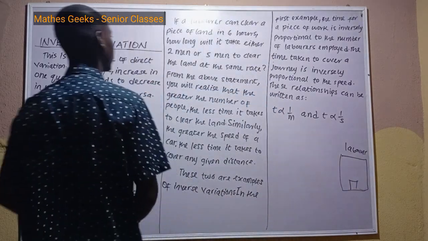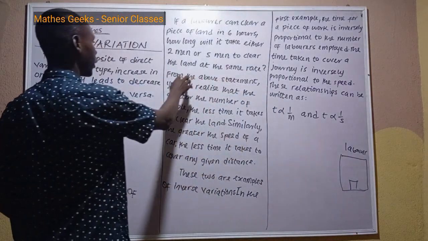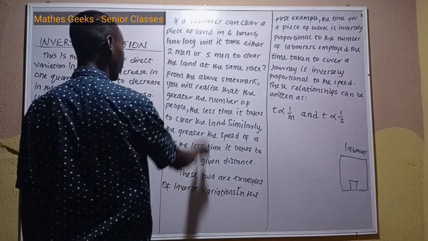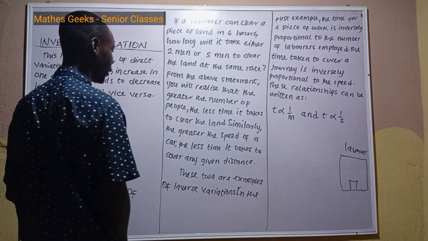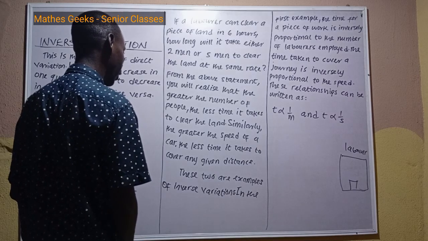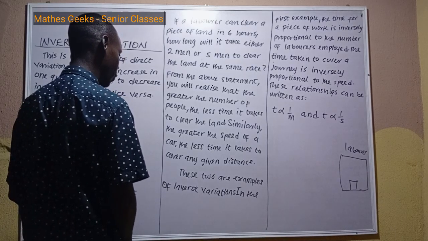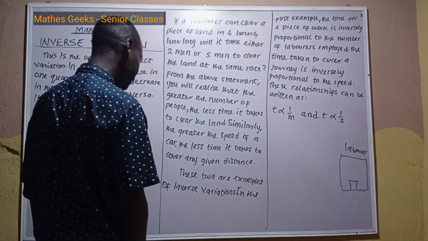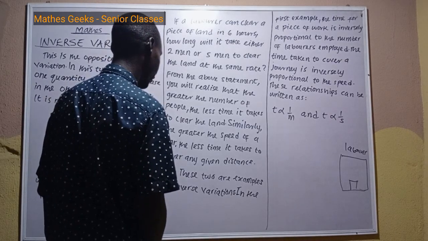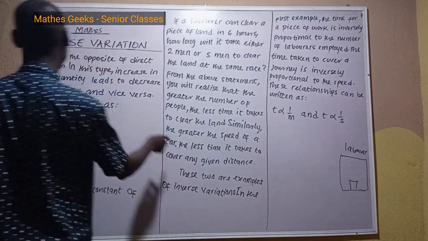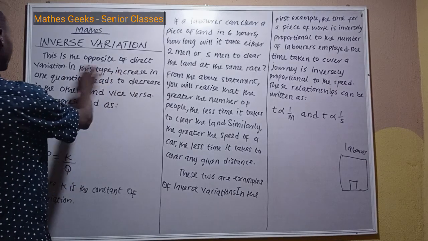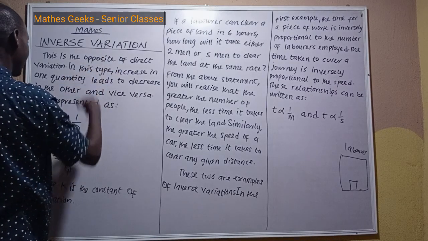So from the above statements, you will realize that the greater the number of people, the less time it takes to clear the land. Similarly, the greater the speed of a car, the less time it takes to cover any given distance. So these two are examples of inverse variations, and from our definition, inverse variation is an increase in one quantity leading to a decrease in the other.